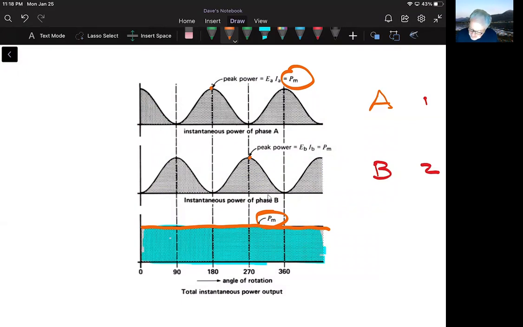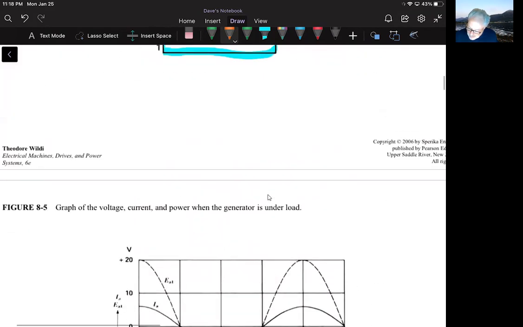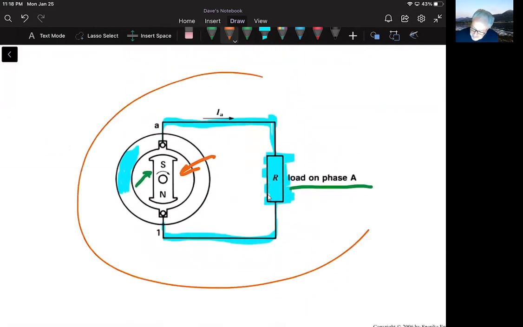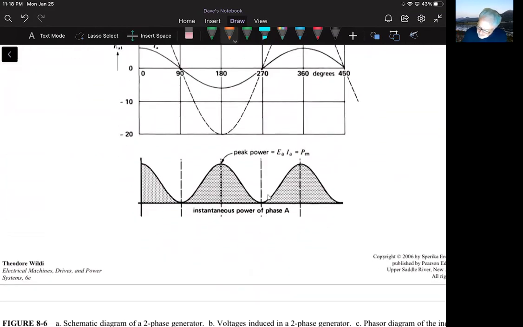So we got 2 times the power by adding a single coil to the single-phase generator to make the two-phase generator. You remember the power output here, right? We said it was half. We can do the calculation.